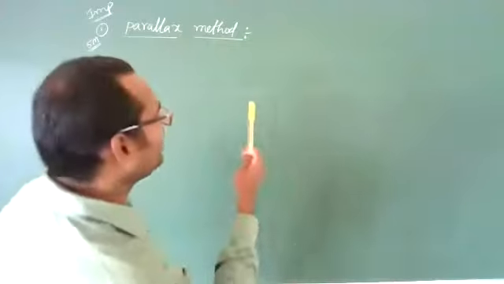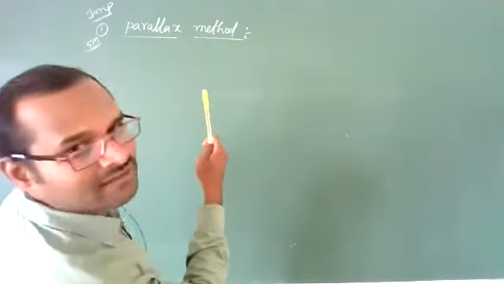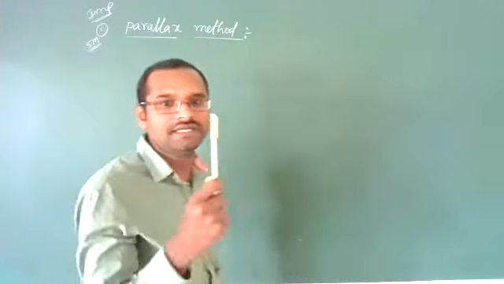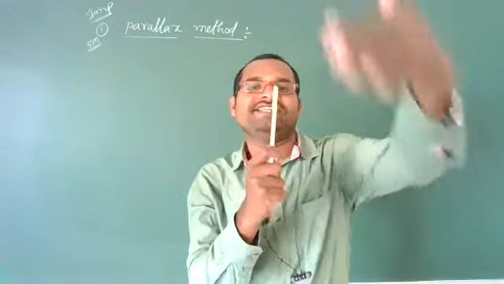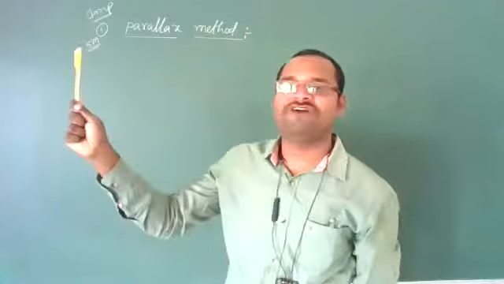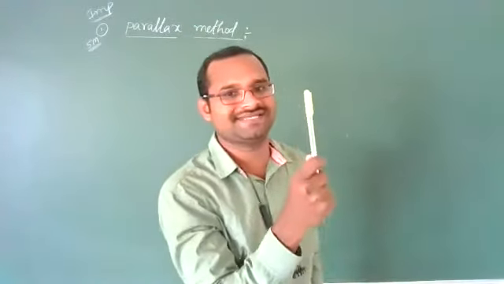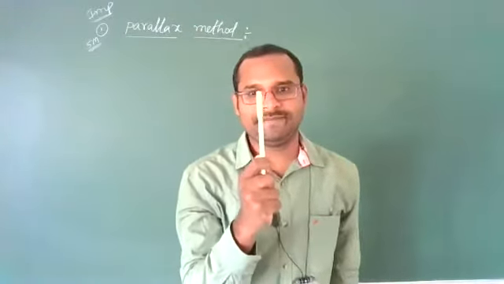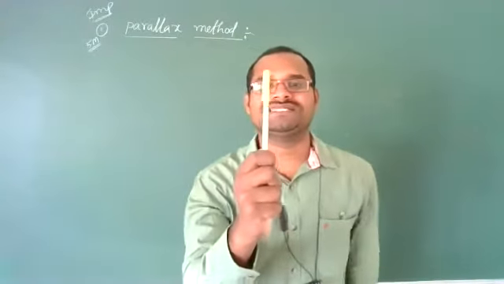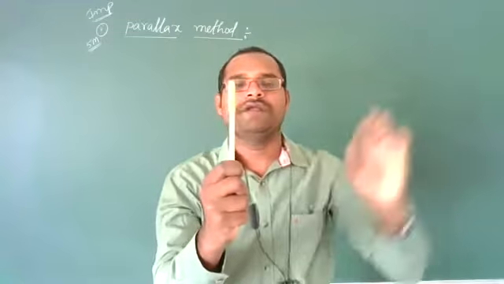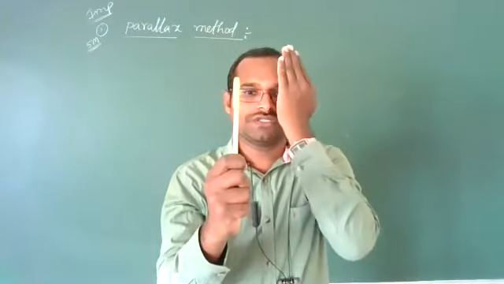Take the pen, and you see one reference frame also there, means one wall. Towards the wall you stand, with the pen. Now you have to see the pen only. While seeing, just close one eye.